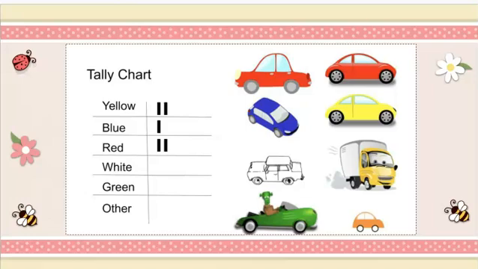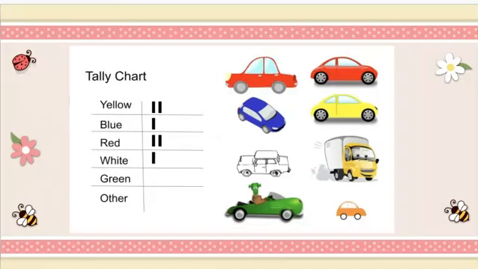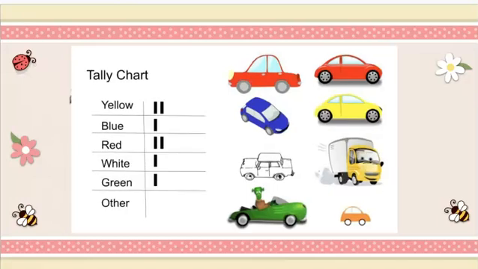Now I need to find white. Oh yes, there's only 1 white car. So I've put 1 tally next to my white car. Oh, I wonder how many green. Well, I can see 1 green with a little green man driving it. So I'm going to put 1 in the green car.